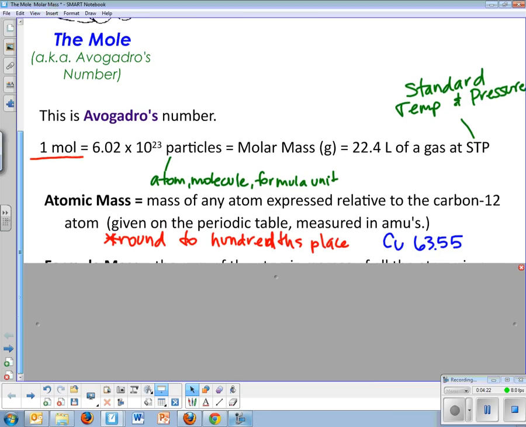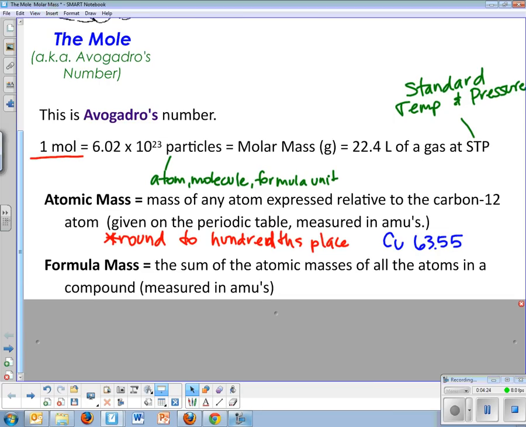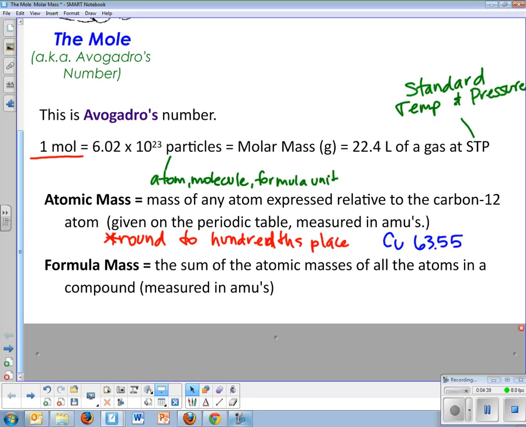Well, what if you have a whole bunch of them? Then you can calculate what's called the formula mass. And this is what we're going to practice doing. It's the sum of all the atomic masses of all the atoms in a compound, measured in AMUs just like atomic mass. So, let's say we wanted to know table salt, NaCl.